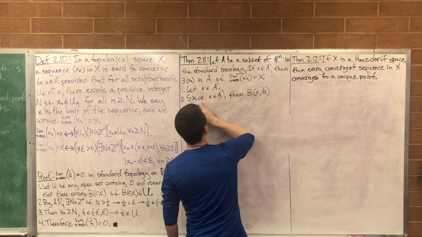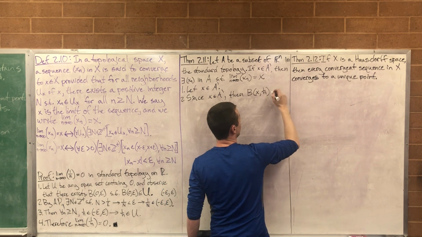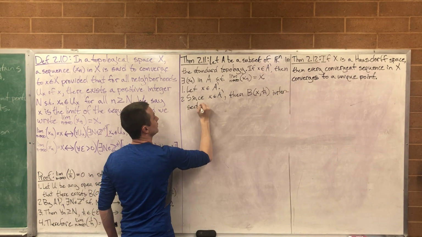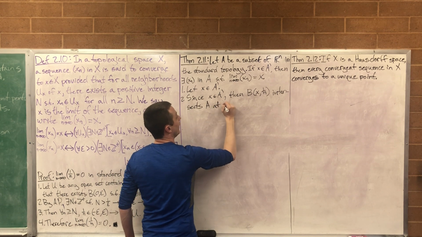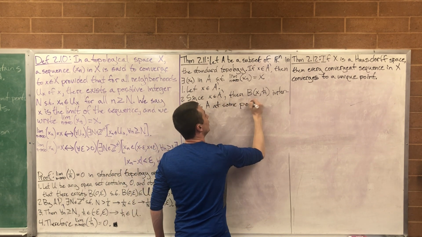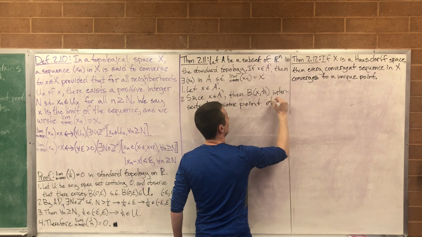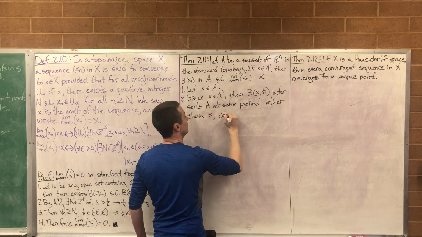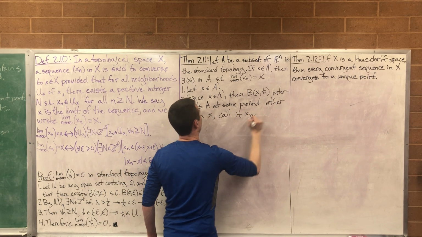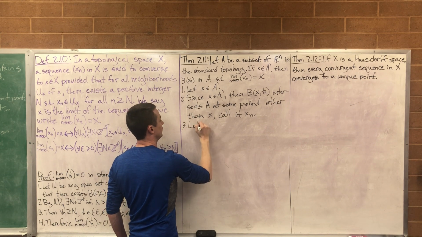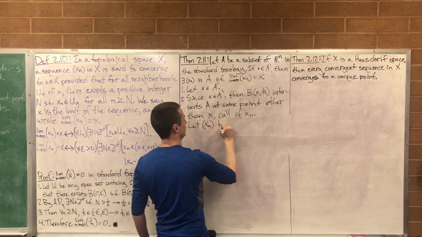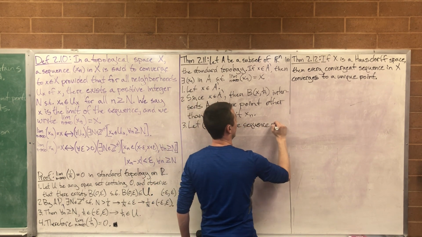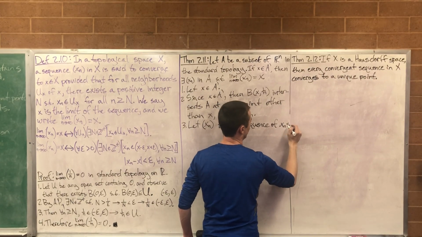So then the open ball centered at x with 1 over n as a radius intersects A at some point other than x, call it x_n. I don't want to confuse the sequence with the point x_n from up there.